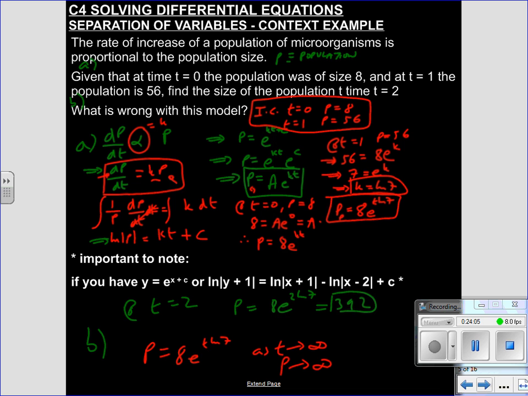It's going to keep going to infinity as well, which is ridiculous because we'd run out of food, we'd all kill each other for resources. So it's an unrealistic model since populations don't behave that way, whether it's humans, animals, bacteria, whatever. So there we go. Differential equations in a nutshell, separation of variables.